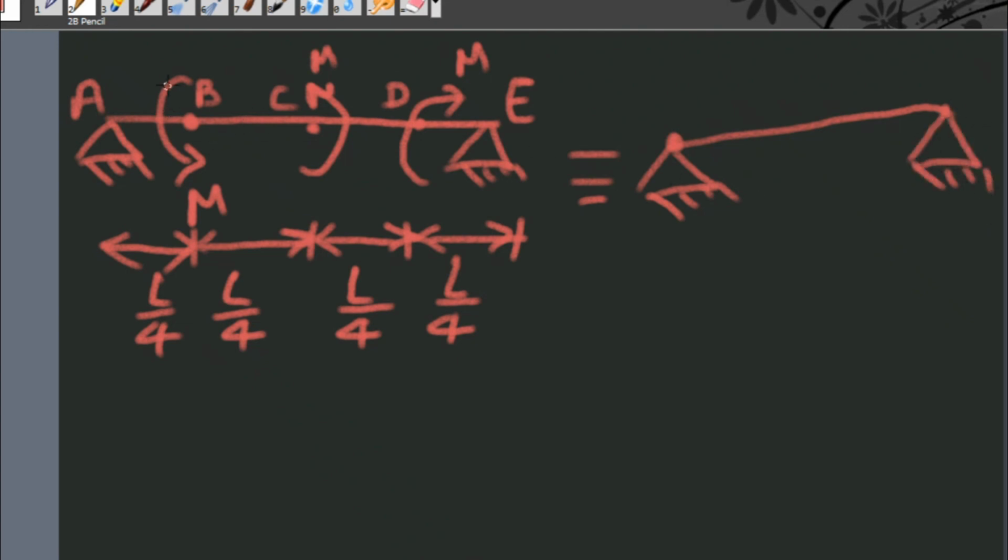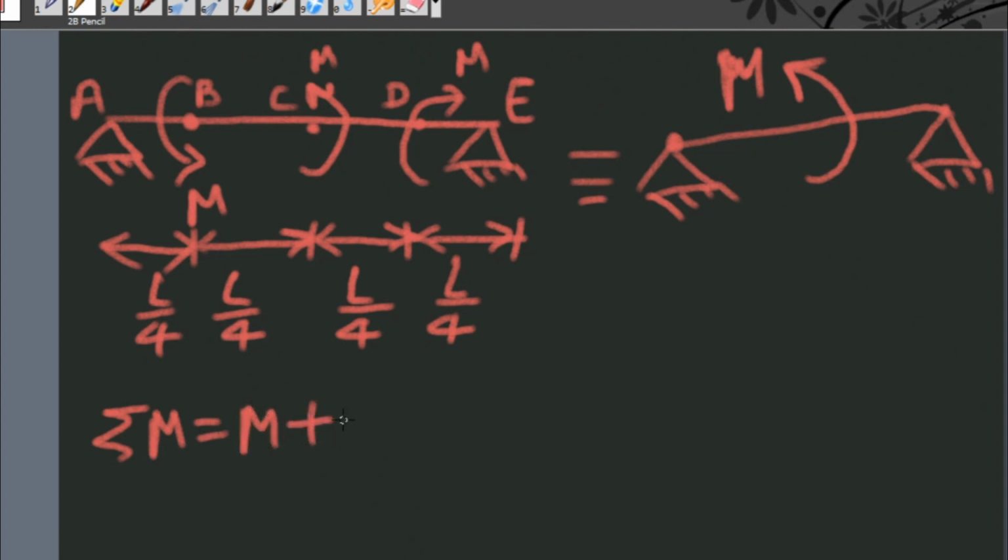The one at point B is anti-clockwise, point C anti-clockwise and point D clockwise. So ultimately the moment at the point C we can assume as M in the anti-clockwise direction. The summation of moment is equal to M at point B plus M at point C minus M at point D. So ultimately the moment will be M. So we are representing the equivalent moment here.